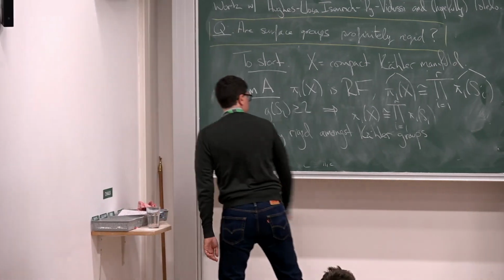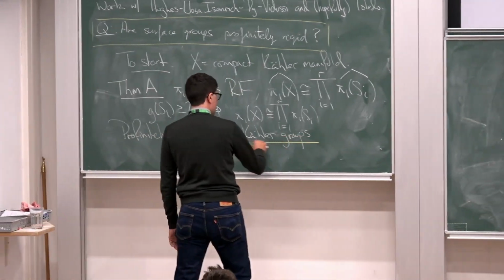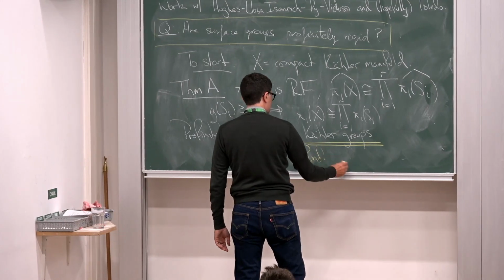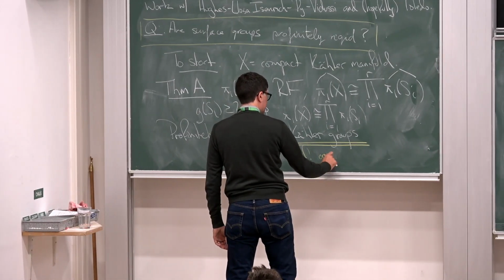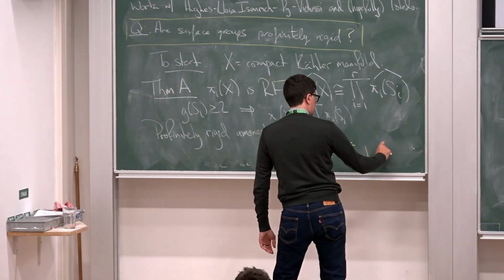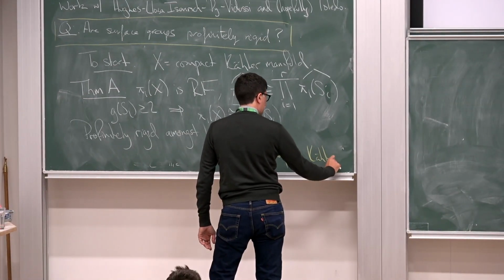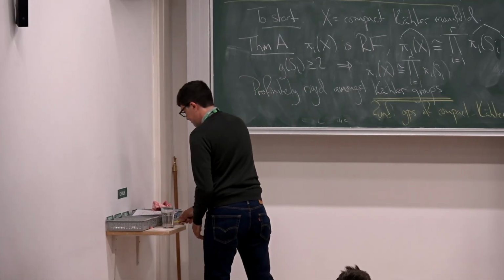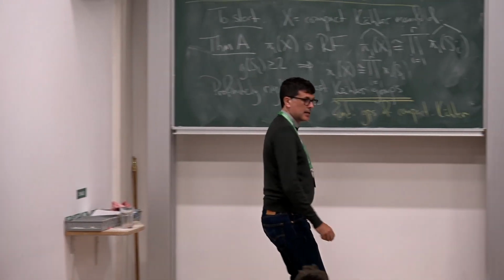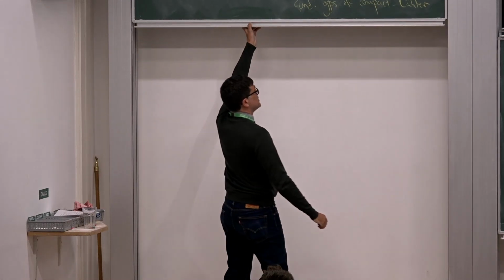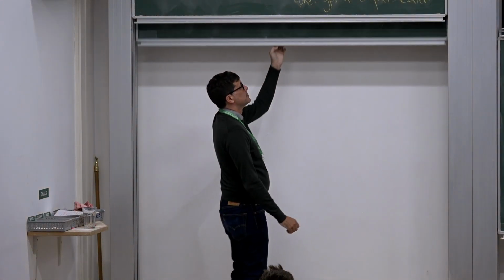And this is just a well-studied class of groups. These are the fundamental groups of compact Kähler manifolds. The first thing I'd like to bring up is that our theorem is virtually false.